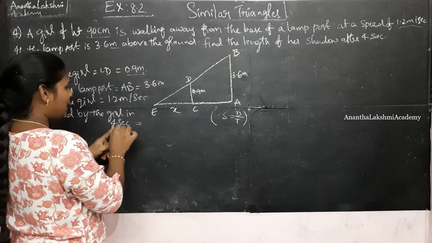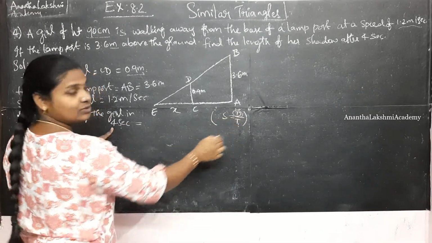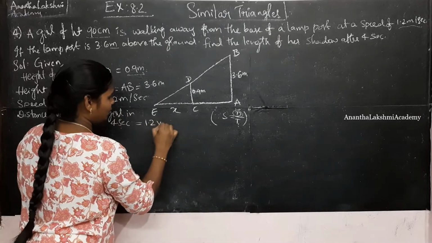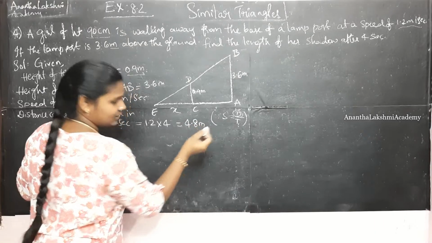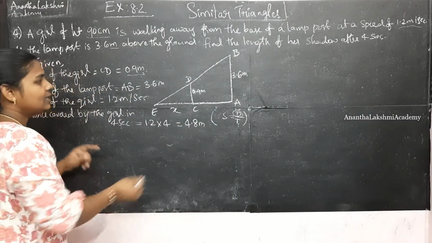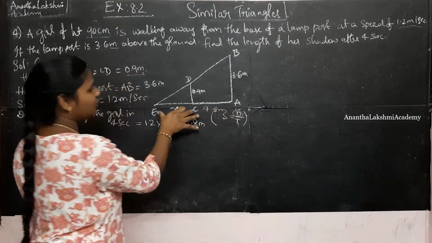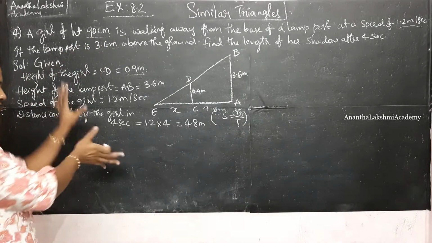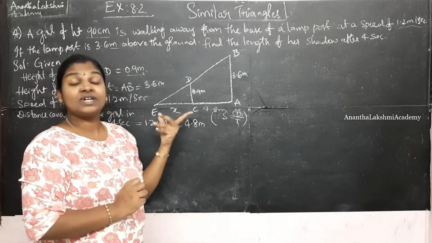Now that we are given time and her speed, what is the distance? S into T, that is nothing but speed into time. What is her speed? 1.2 into 4 is nothing but 4.8 meters. So this is given as 4.8 meters. We are to figure out this. This is what is given. This is the first thing which will take time for us. Alright, if you observe this figure, how many triangles do you see?